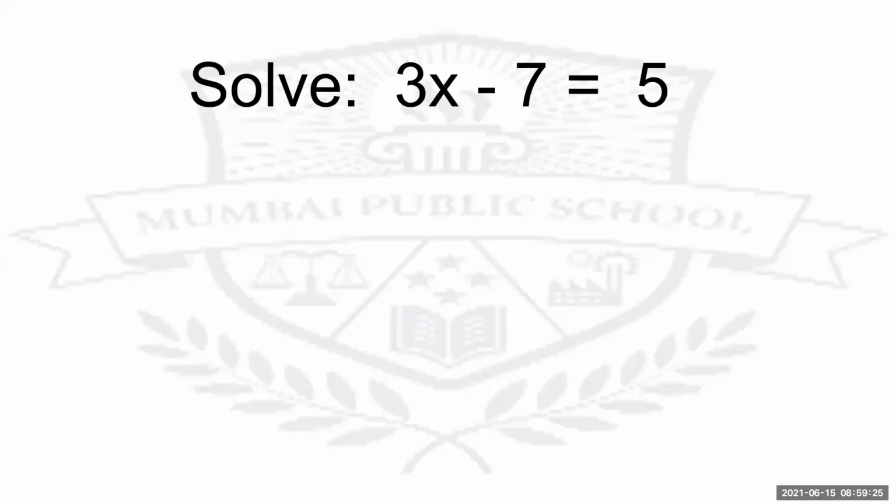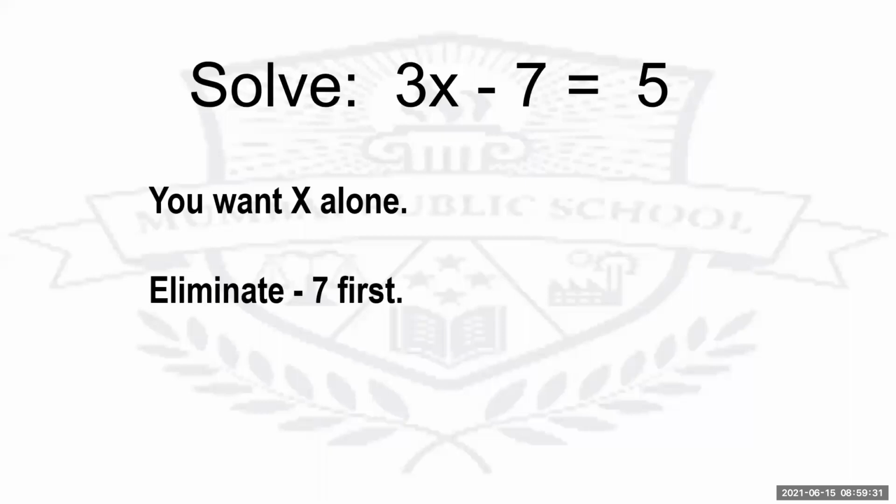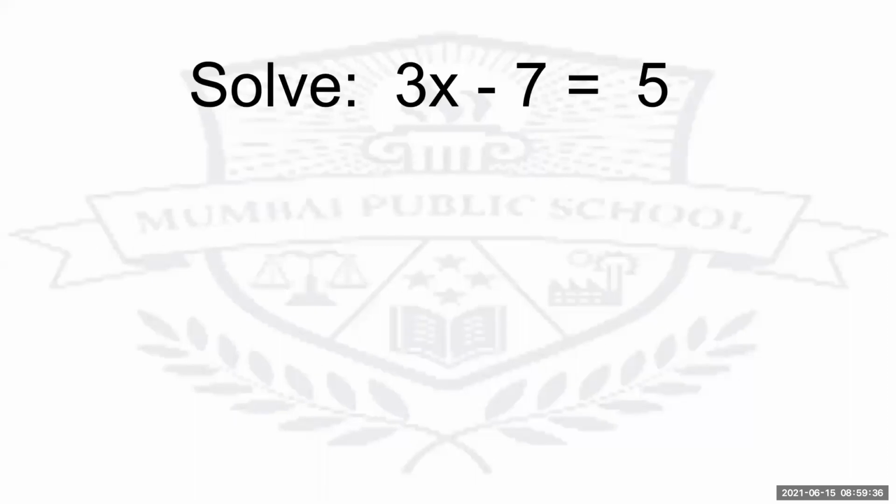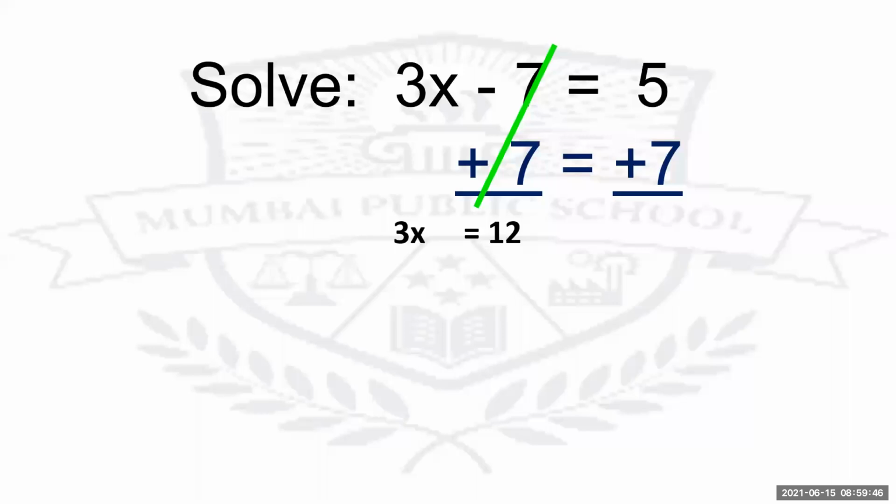From the left hand side, when it goes to the right hand side, it becomes plus 7. You want x alone, so eliminate minus 7 first. So 5 plus 7, what you'll get? 3x equals to 12.